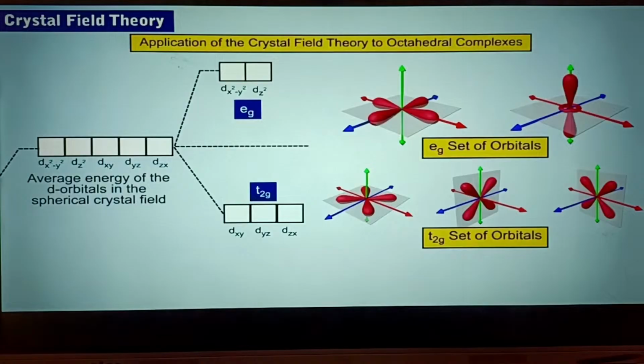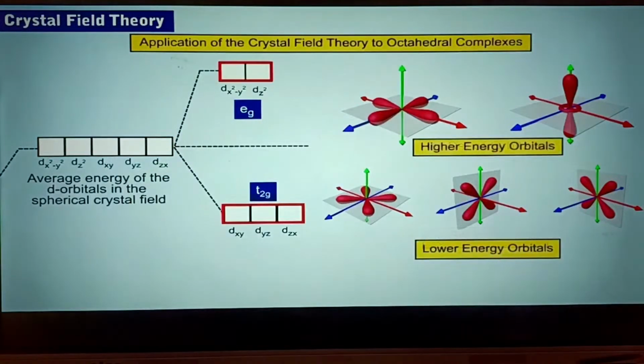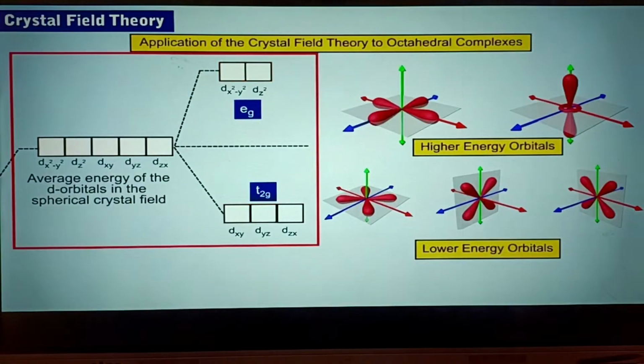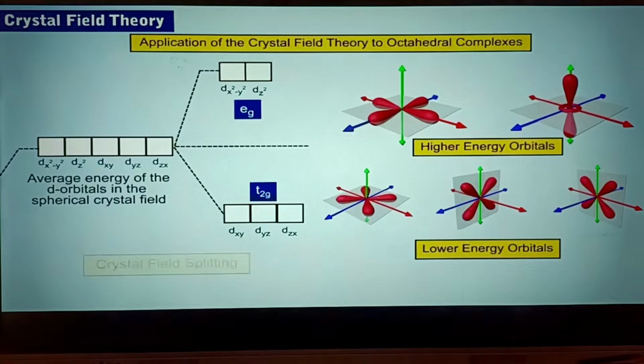Thus, under the influence of the ligands, the degeneracy of the 5 d orbitals of the metal ion is lost, and they are split into two groups of different energies. This effect is known as crystal field splitting.